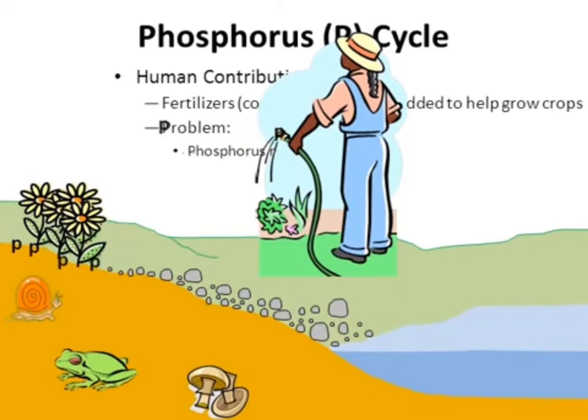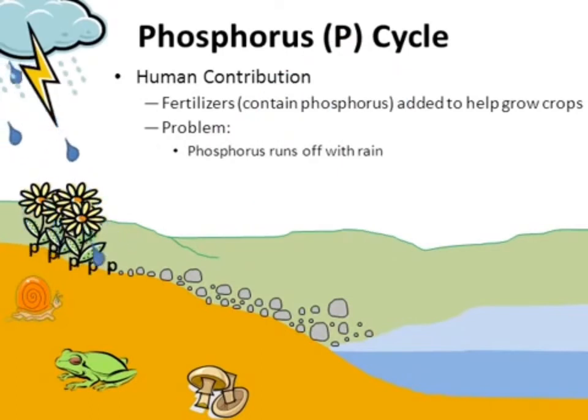So in my animation here, we have a farmer adding a bunch of phosphorus to the crops, to the plants. Unfortunately, the phosphorus from the farmer's fertilizers accumulates and doesn't just stay there, as the phosphorus is carried away with the water in rains.